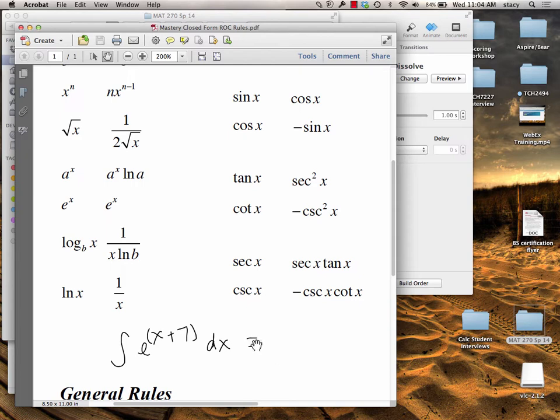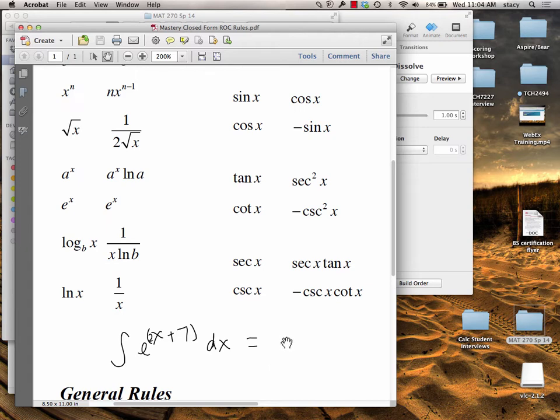Or it was like 2x plus 7, where did the 2 go in the differentiation, from whatever the antiderivative is? Does that make sense?